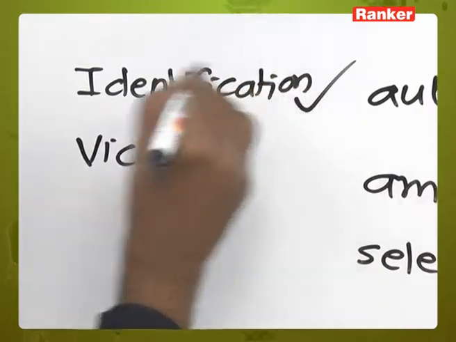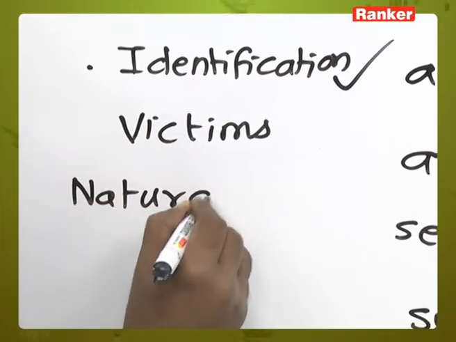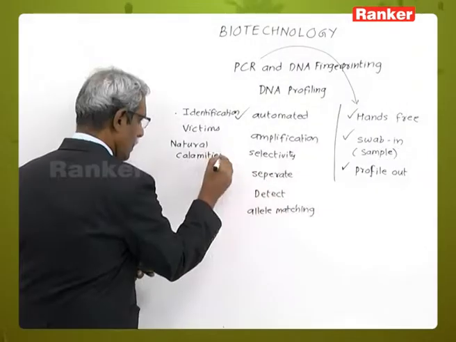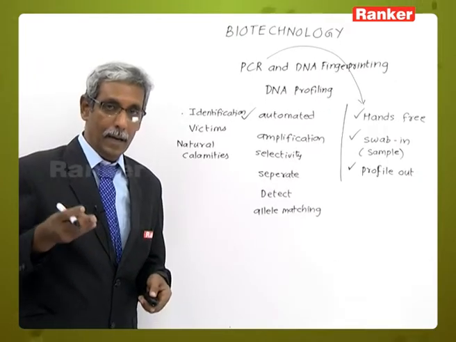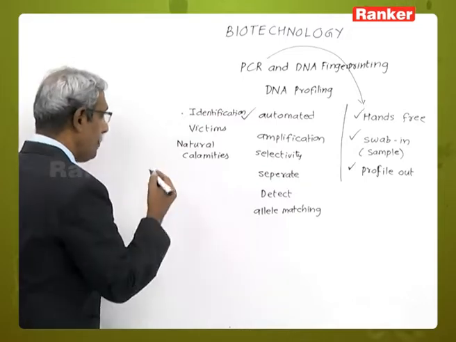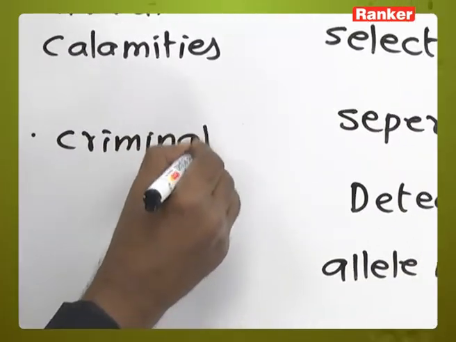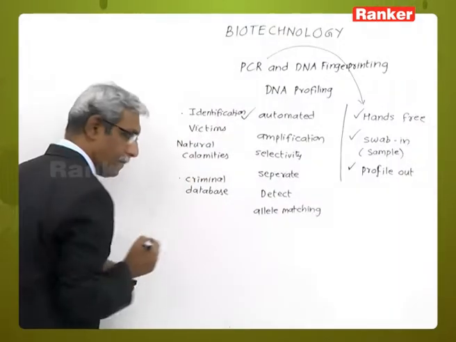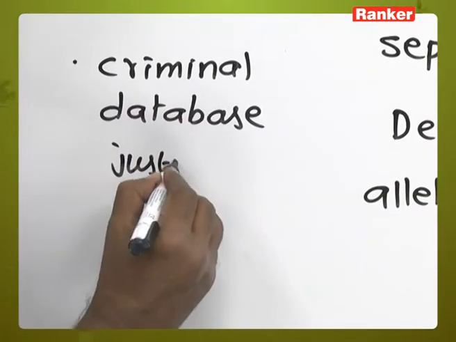It is useful in identifying victims of natural calamities, like a disaster, like an earthquake, or in case you want to trace terrorists. It is also important for developing a criminal database, a criminal justice database.